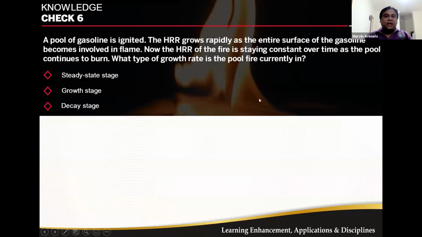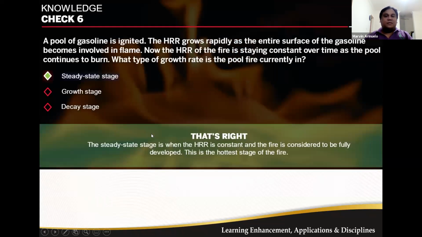What type of growth rate is the pool fire currently in? Okay, so Mr. Brian, that's right. The steady stage is when the heat release rate is constant and the fire is considered to be fully developed. This is the hottest stage of the fire.